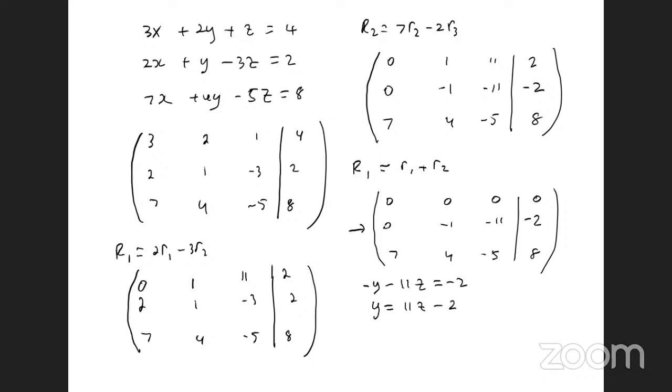All okay with that? If I were to let some constant equal z, what's that on the keyboard? Lambda. Let lambda equal z. I have y is equal to 11 lambda minus 2. Okay?